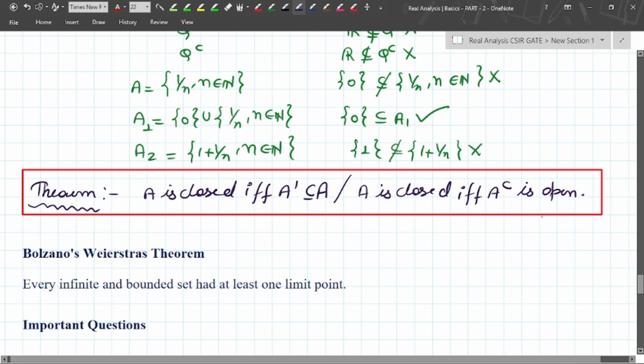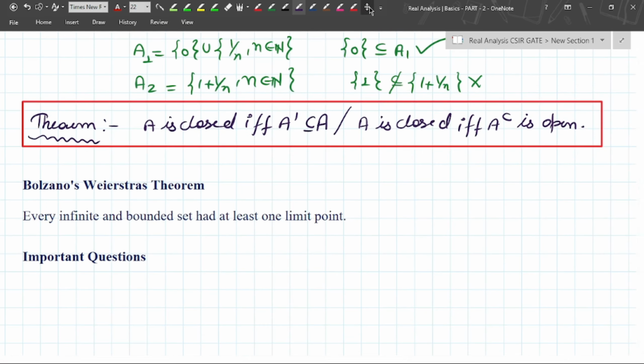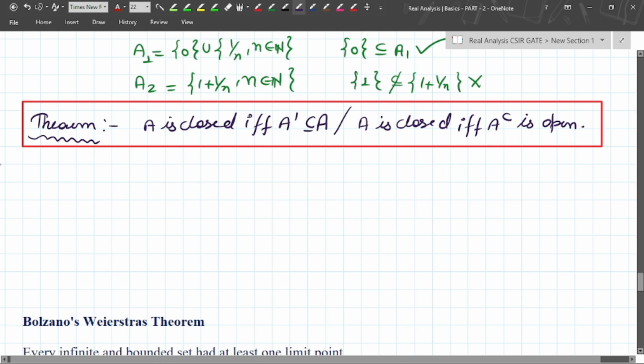Now come to the next point. We have another result, or another theorem. After that we'll go to the Bolzano-Weierstrass theorem.